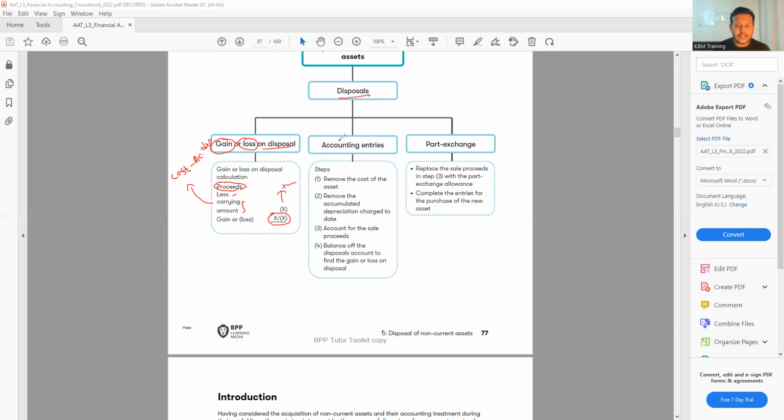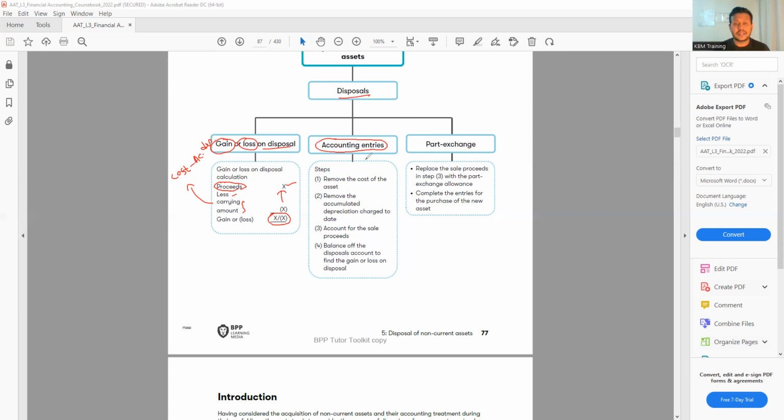The next one, we have accounting entries. So how do we record if we make a disposal? If I sell a non-current asset, how do we record it in the form of debit or credit or through the journals? When we sell an asset, this asset does not belong to me anymore.